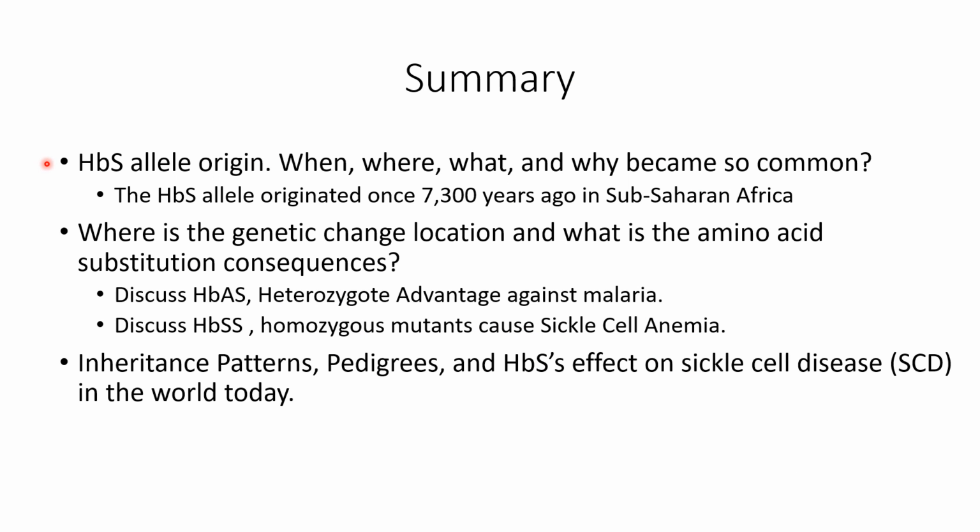So in summary, we covered the HbS allele's origin that occurred 7,300 years ago in sub-Saharan Africa. These genetic changes occurred on chromosome 11. In chromosome 11, you have a normal wild type HbA, but with this mutation, HbS allele, you have a heterozygous advantage against malaria, and this is why this HbS allele became so common in areas where malaria was more commonly killing people.